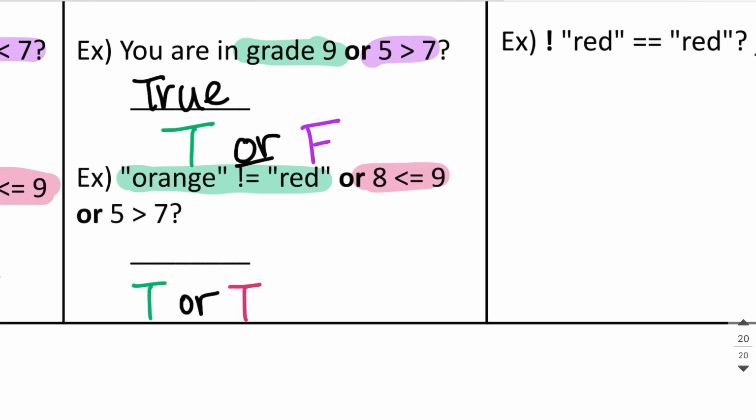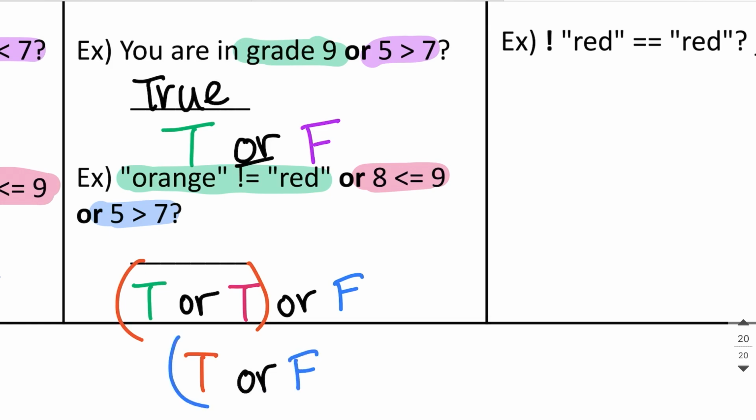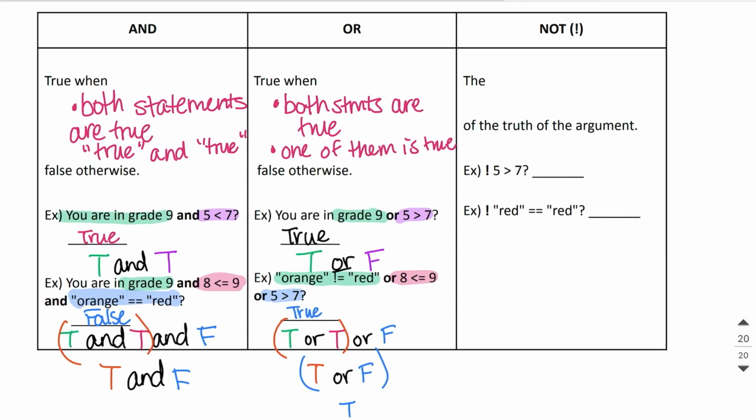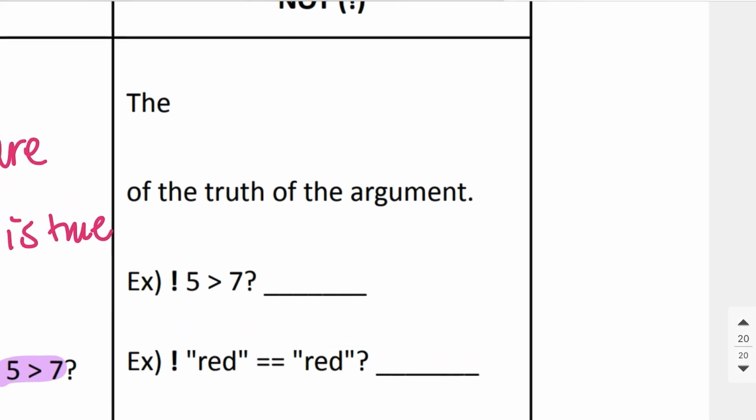Or 5 is greater than 7, which is a false statement. And because these two together, true or true is true, and then we have or false right here, these two statements together are also true. So this is a true statement. As long as one thing that you're saying there is true, the whole entire statement is true if it has or in there.